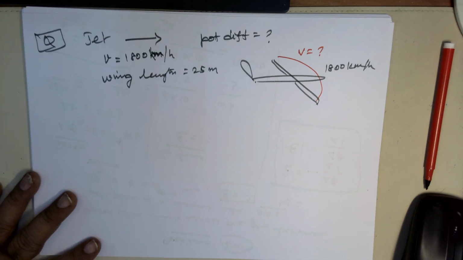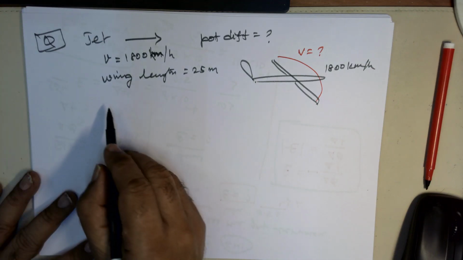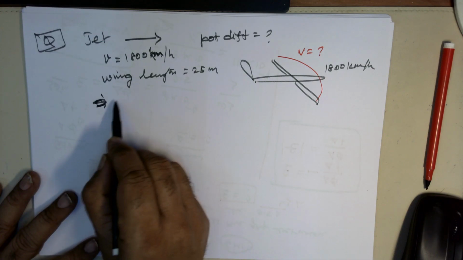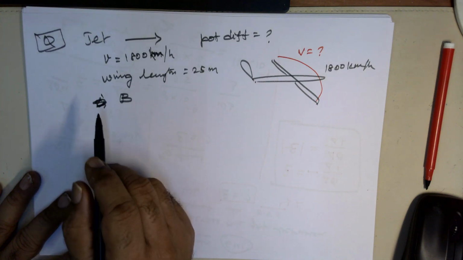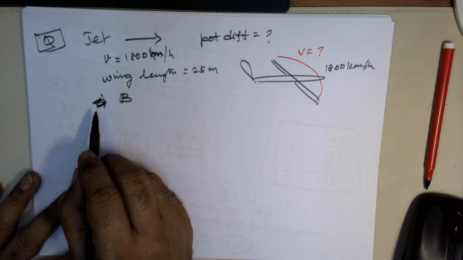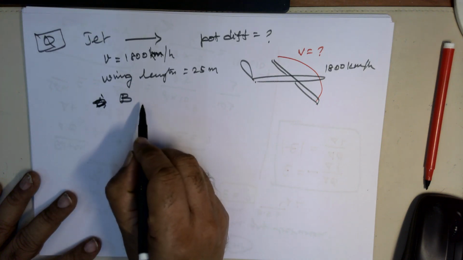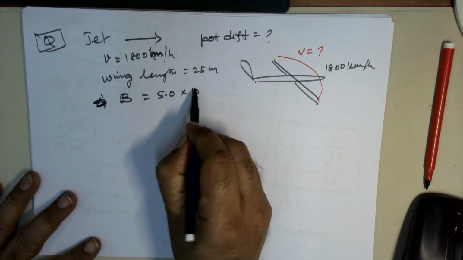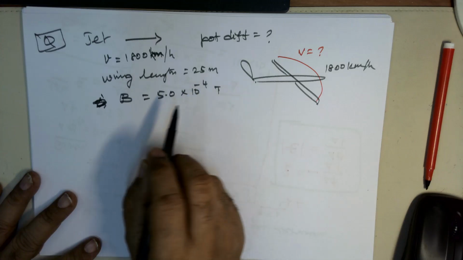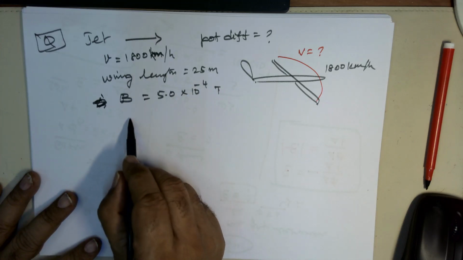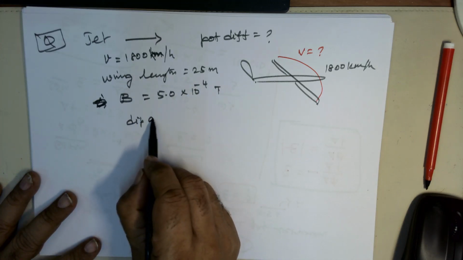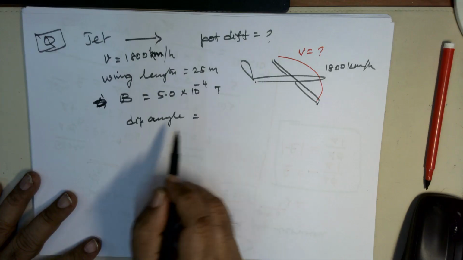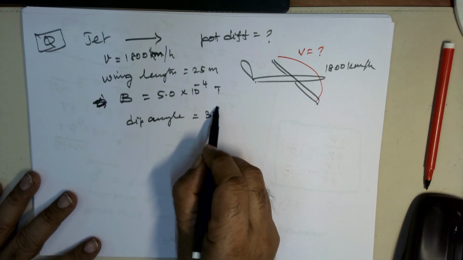The Earth's magnetic field at the location has a magnitude of 5.0 into 10 power minus 4 Tesla, and the dip angle is 30 degree.